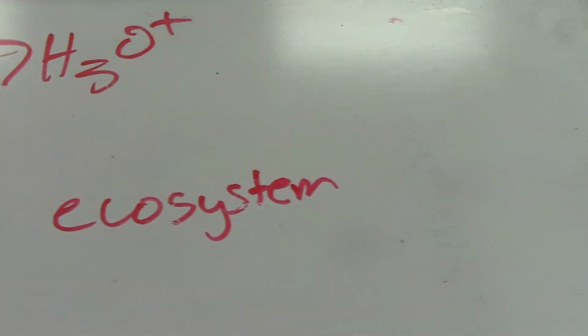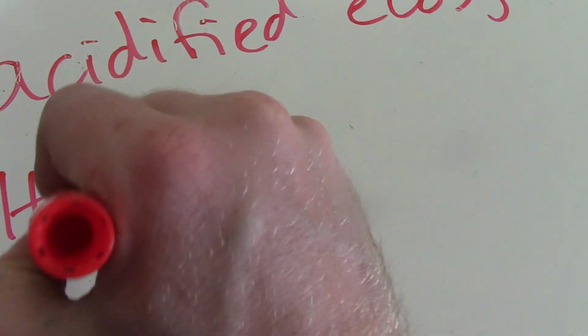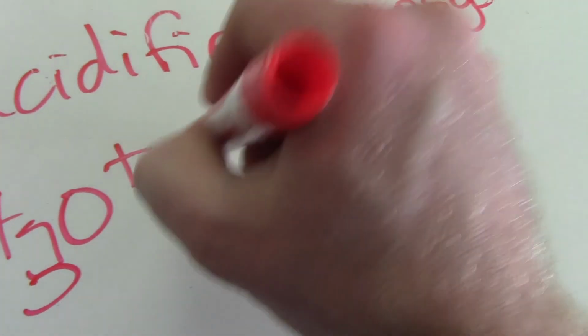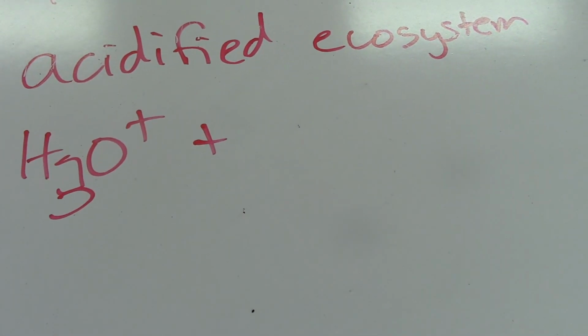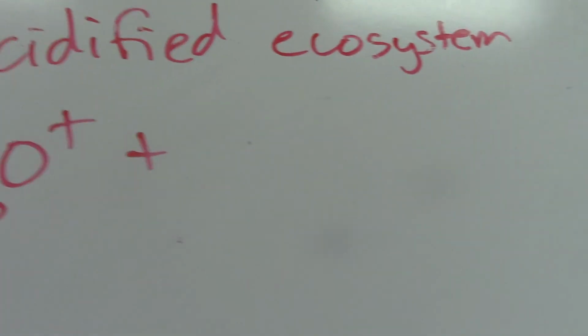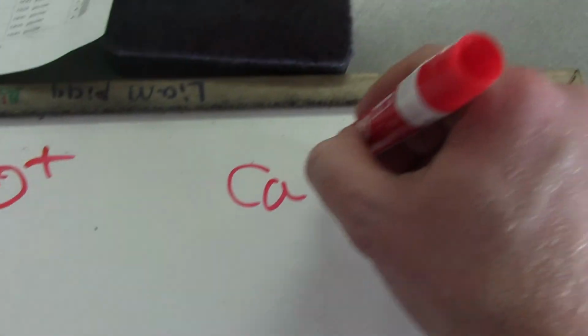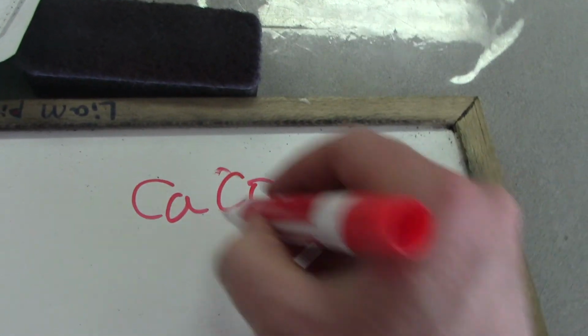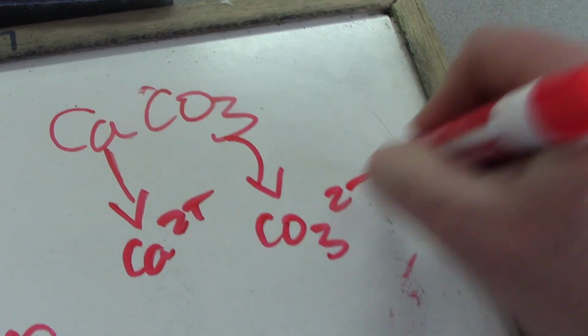So let's say this H3O plus falls as acid precipitation, and it is going to react with, so let's say this is in the Bow River, and we have calcium carbonate as our bedrock here, right? And remember, this is Ca2+, and this is CO3 2 negative.